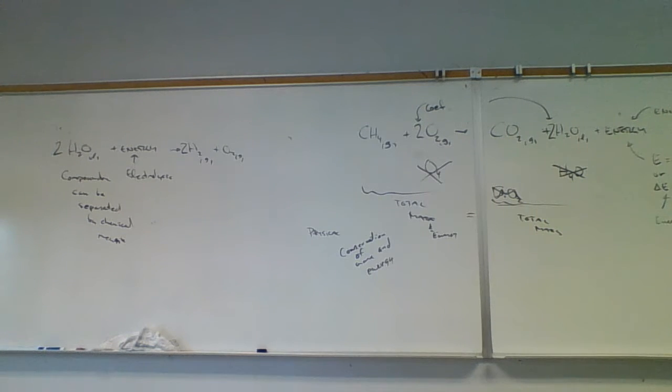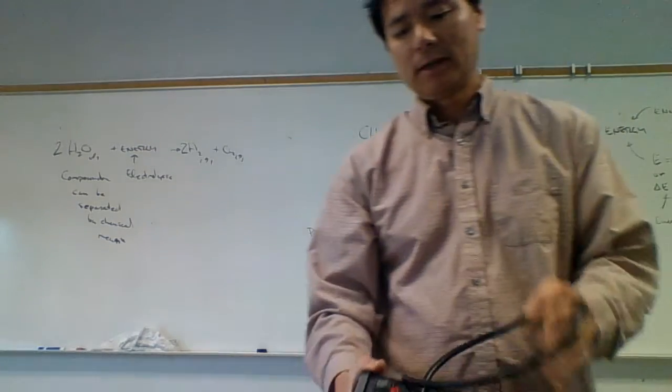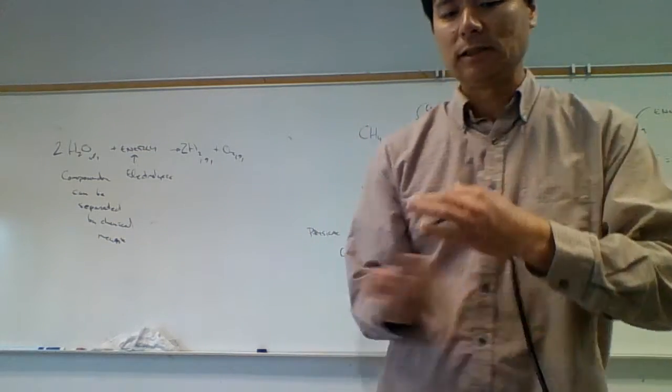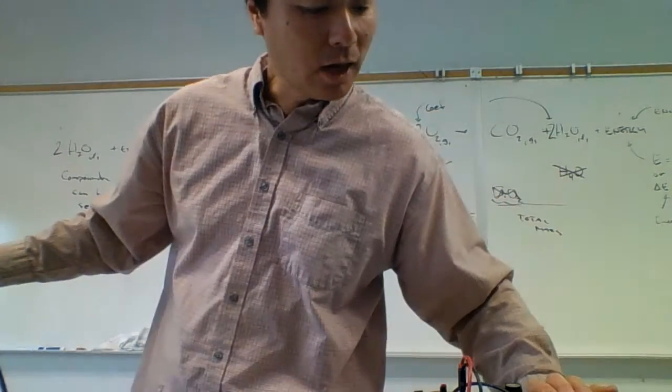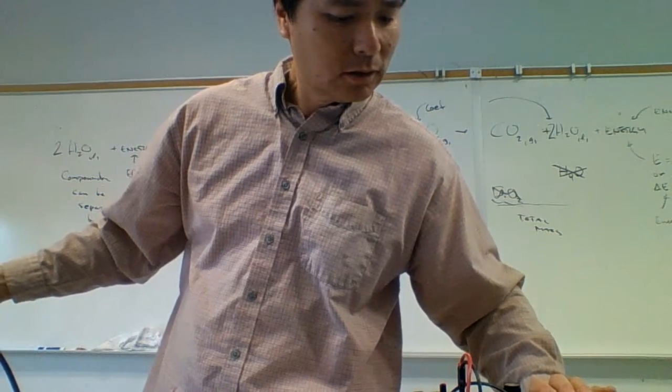I'm going to create a voltage. Well, I can create a voltage easily because we have a power supply here. Let's create the voltage here in the power supply. Make sure it's off. It's off.